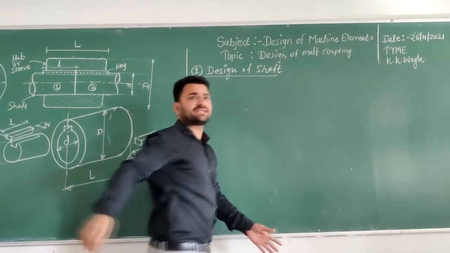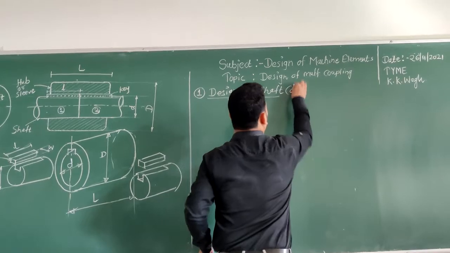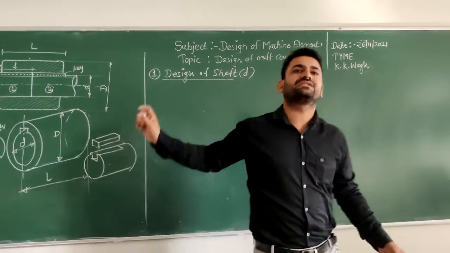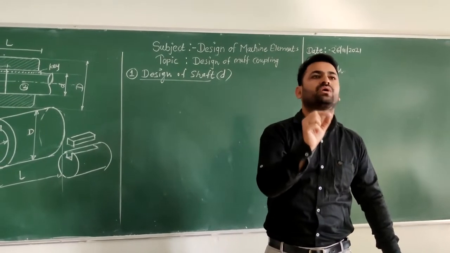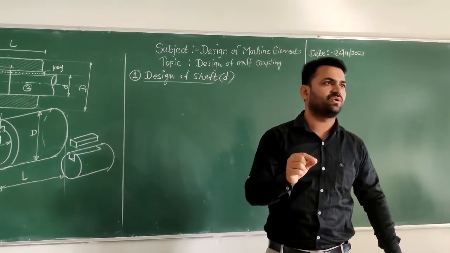In the design of shaft, the most important thing is that we have to identify the diameter of the shaft. Everybody knows how to design the shaft. Here this shaft is used only for transmitting the torque, so design of shaft is on the basis of torsional shear stress.